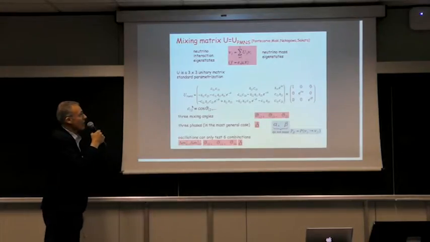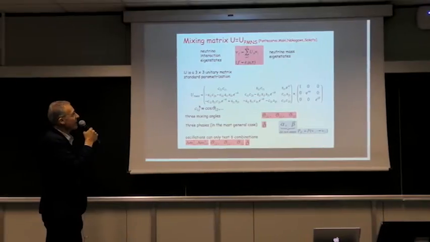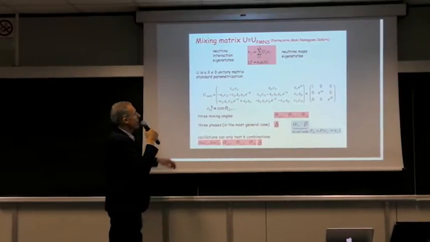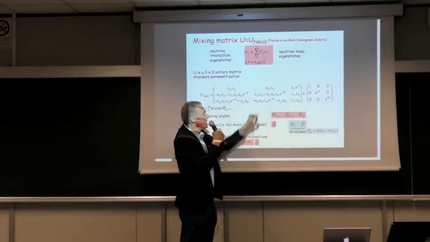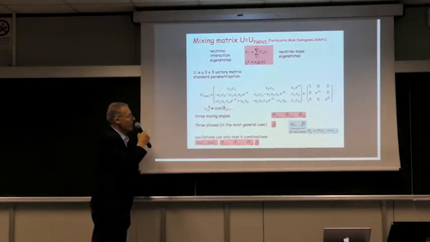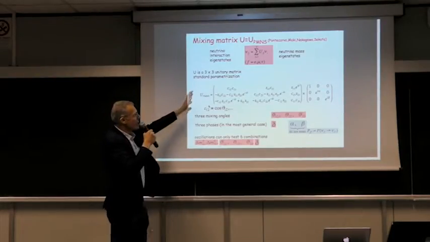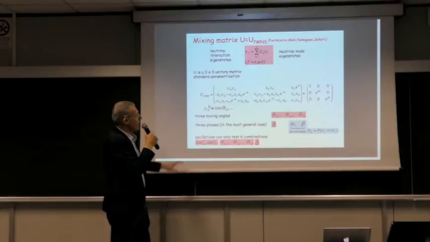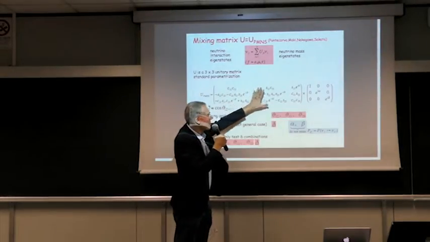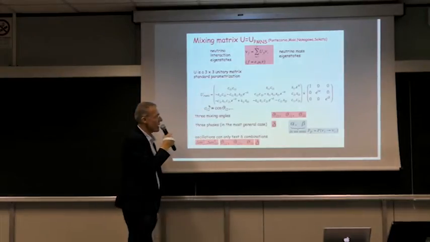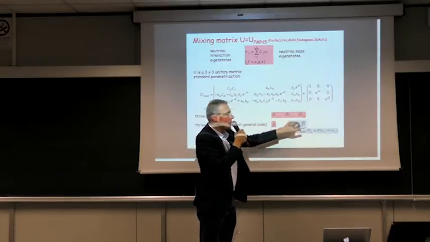Then we have, as we have seen before in the 2-flavor case, a mixing matrix that relates the neutrino flavor eigenstates with the neutrino mass eigenstates. In the 3-flavor case, this unitary matrix is parameterized in this way. We have essentially a first part that depends on 3 rotation angles, theta 12, theta 13, theta 23.